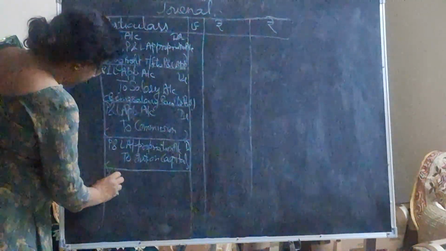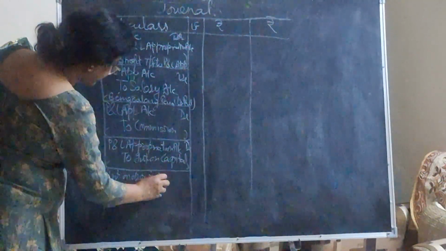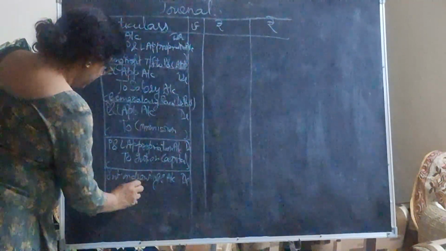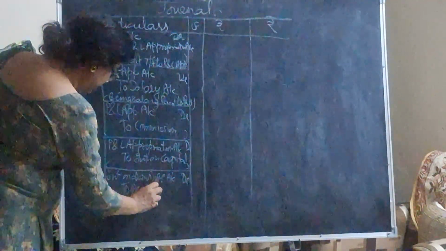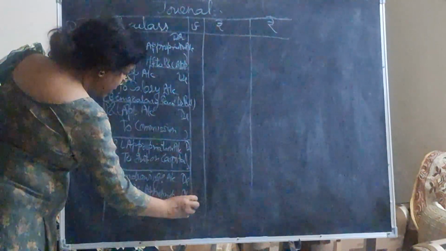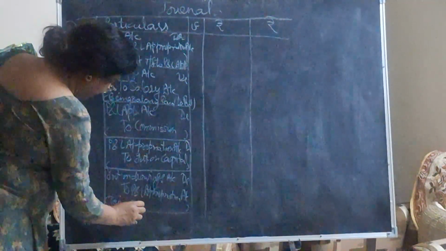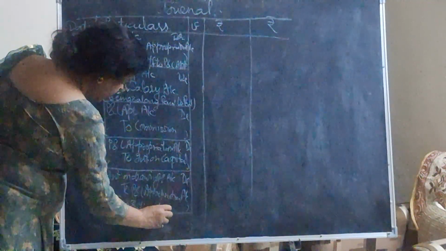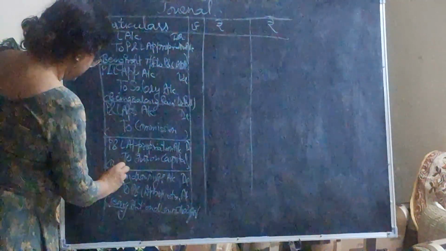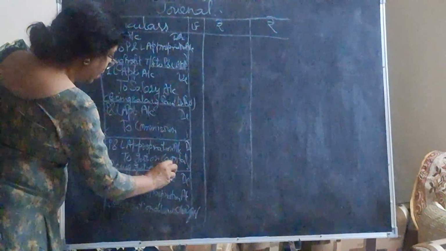So we'll write interest on drawings account debited to P&L appropriation account, being interest on drawing charged, and here being interest on capital allowed.